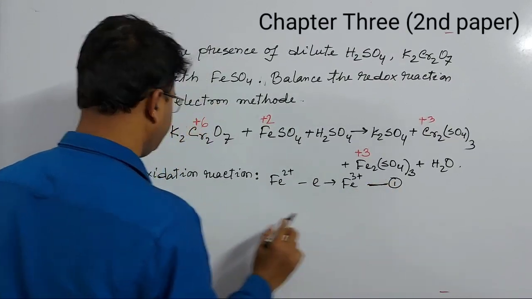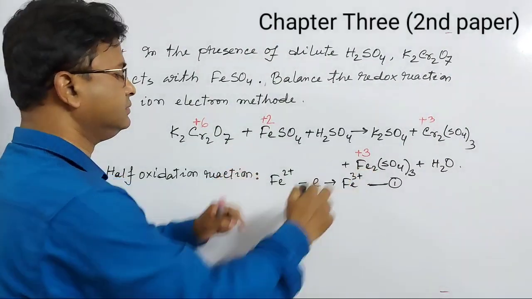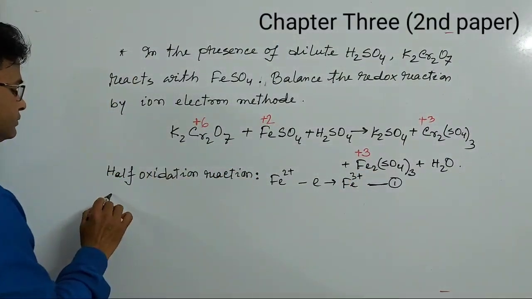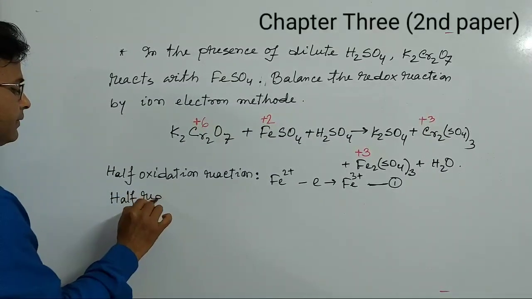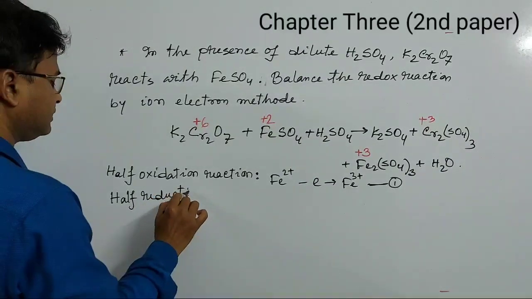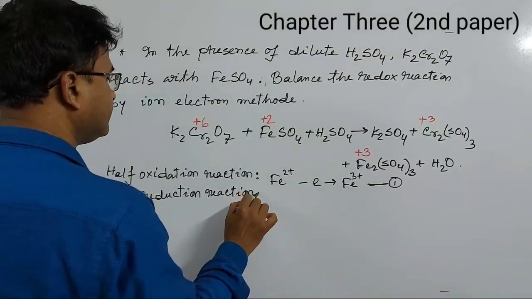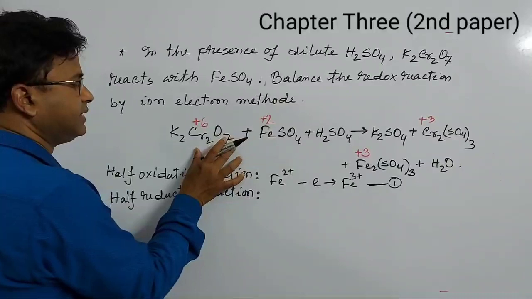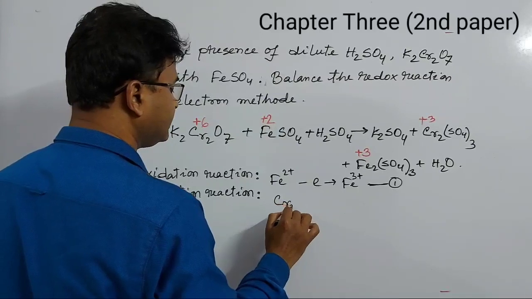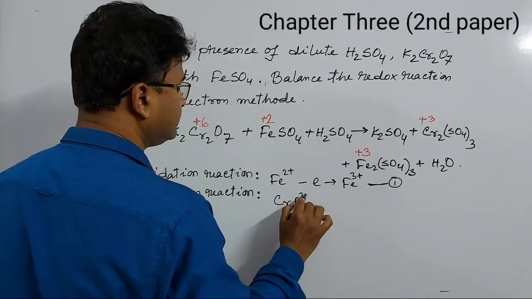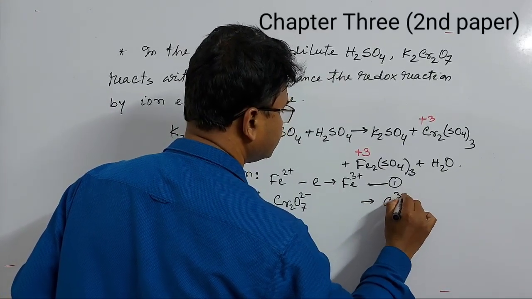Students, I have written the half oxidation reaction from the main reaction. And again, half reduction reaction. Potassium dichromate. From potassium dichromate, I can write here dichromate ion and chromium 3+ ion.